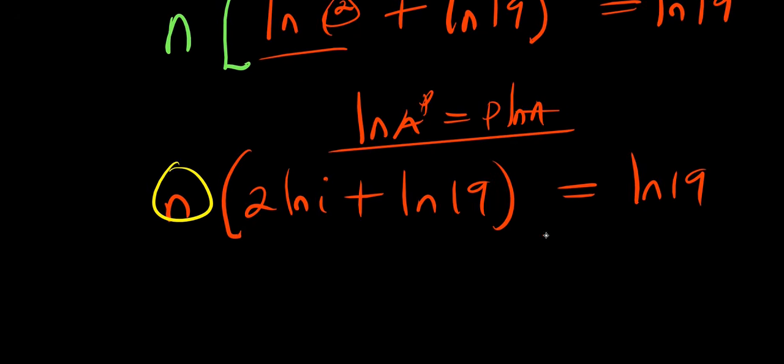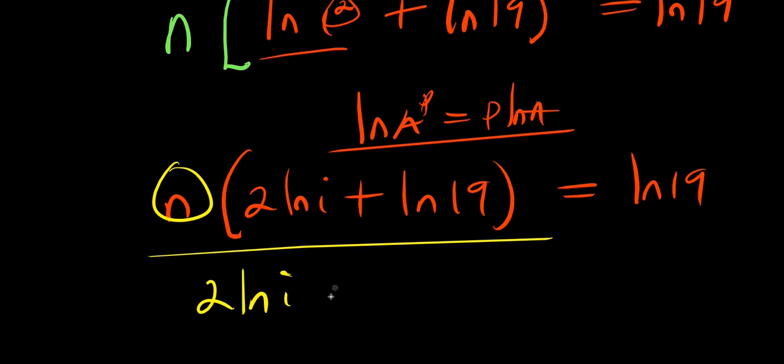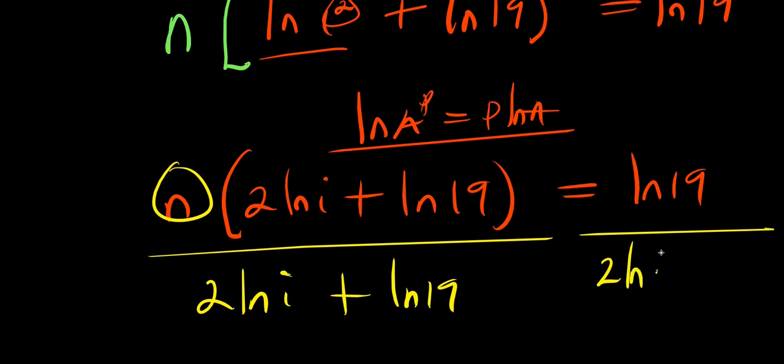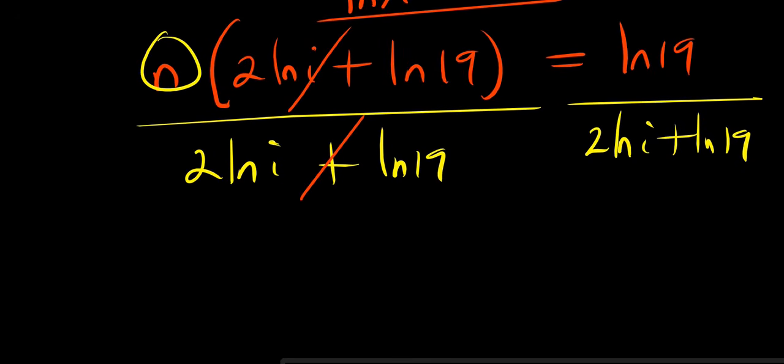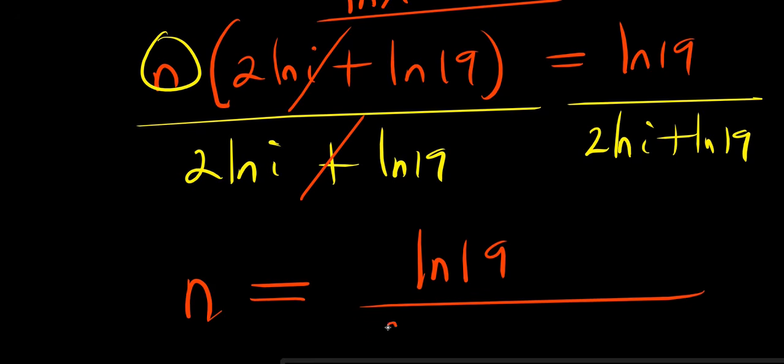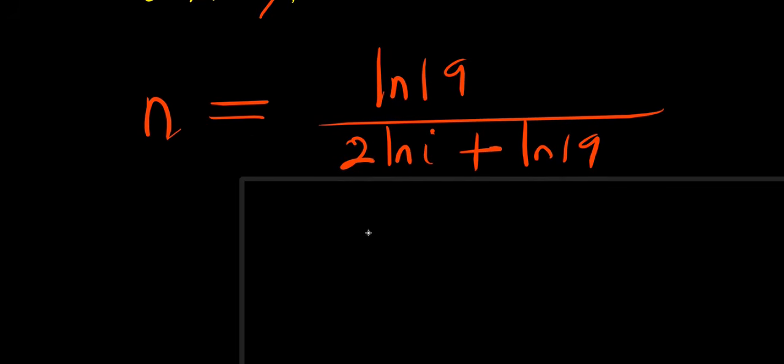Now, isolating n here by dividing this by 2 times natural log of I plus natural log of 19. Also divide this by 2 times natural log of I plus natural log of 19. This cancels this. I have n equals natural log of 19 divided by 2 times natural log of I plus natural log of 19. Now, we can leave it this way.